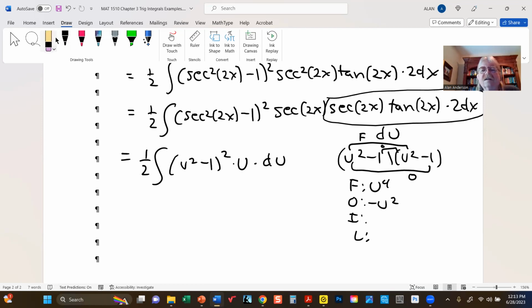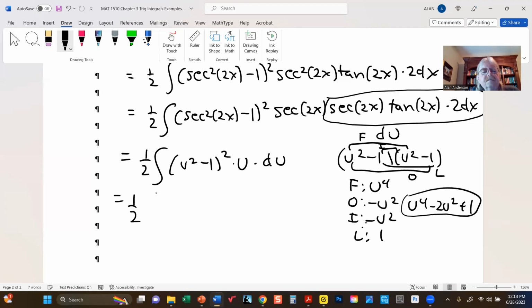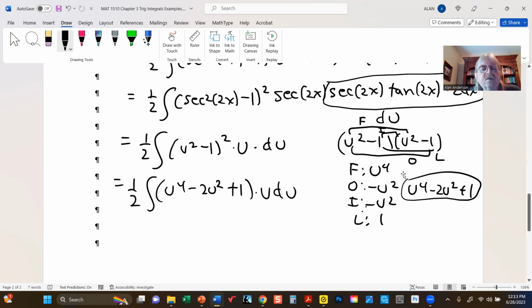Whoops, that's inner. These two are last. So that comes over here. And now I can multiply through by that u.